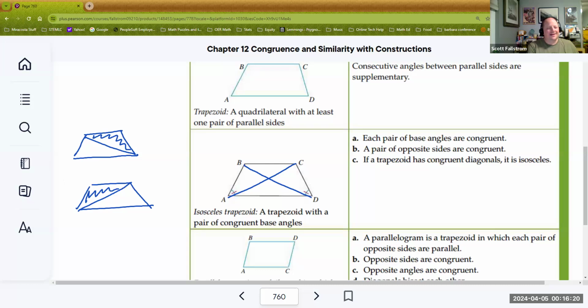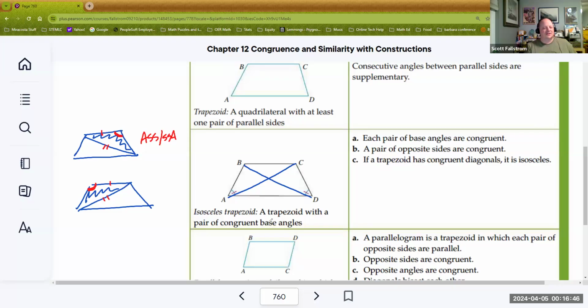And the reason I kind of like this is I have a great big angle here, and a great big angle here. I have a side that is congruent because it's congruent to itself, and then I have diagonals that are congruent, right? And again, this would be like an ASS or an SSA type of idea if I knew these.